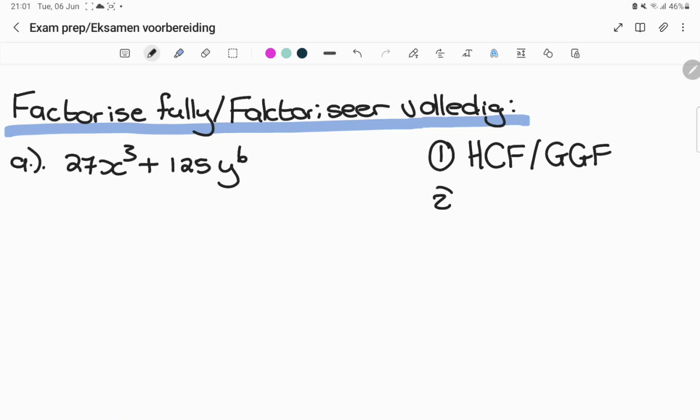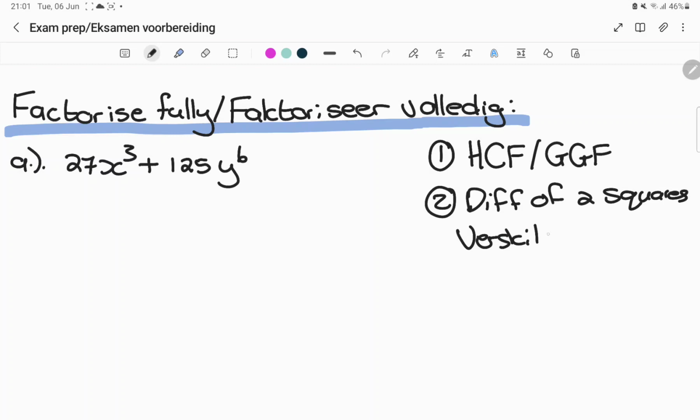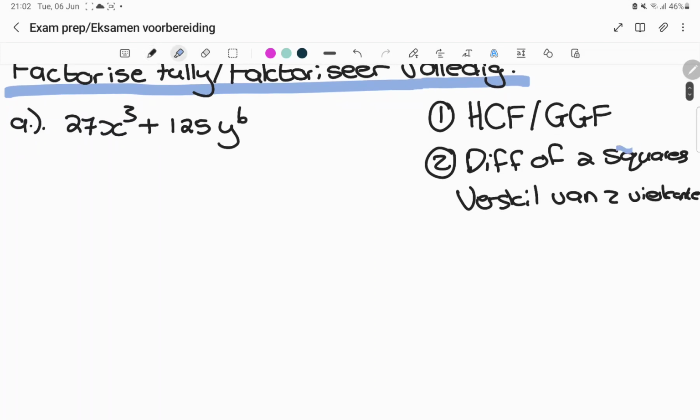Then your second method is to get the difference of two squares, which in Afrikaans is die verskil van twee vierkante, and you know that this type of method is only applicable if there's only 2 terms. Alright, then my third method is my trinomials, so jou 3-term.